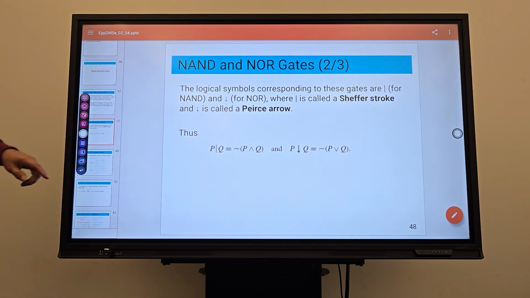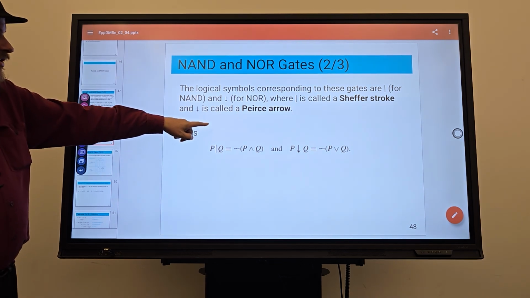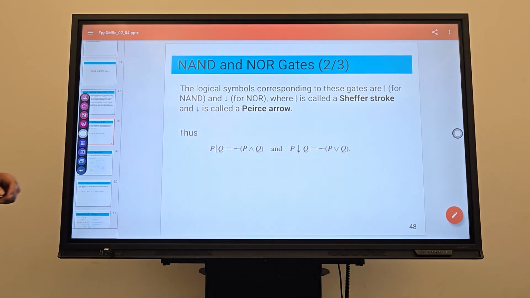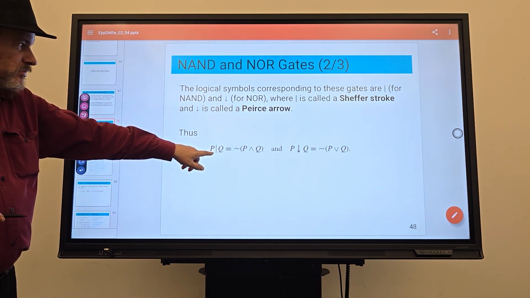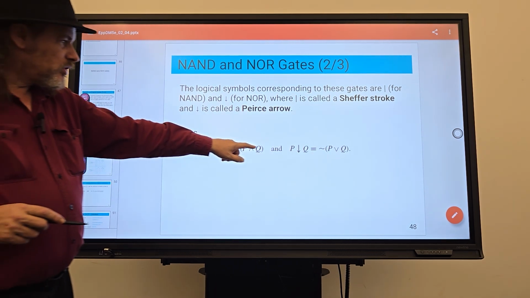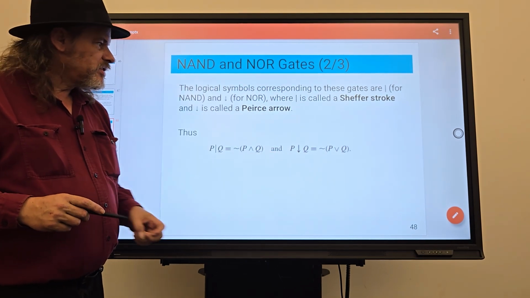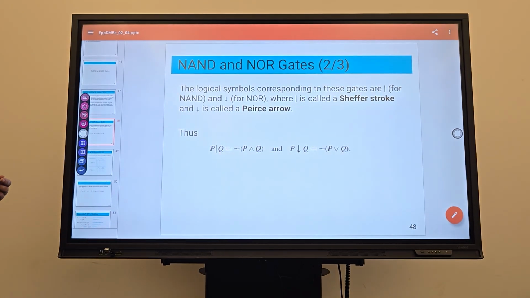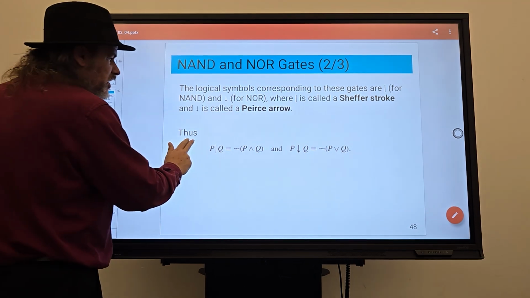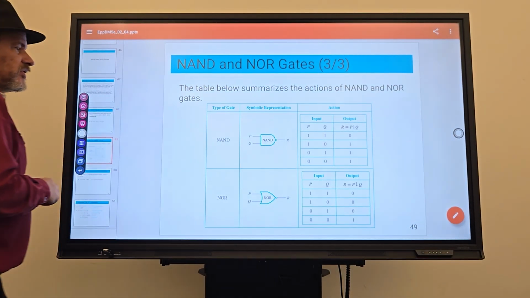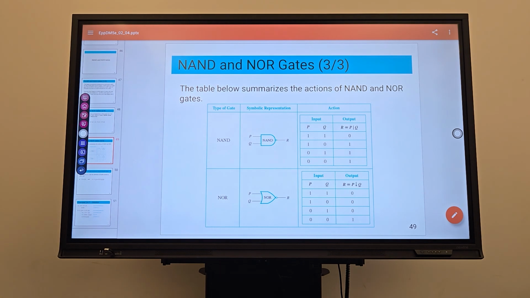In math logic, the NAND is expressed with the Sheffer stroke and the downward-pointing Pierce arrow for the NOR gate. These are the symbols for them.